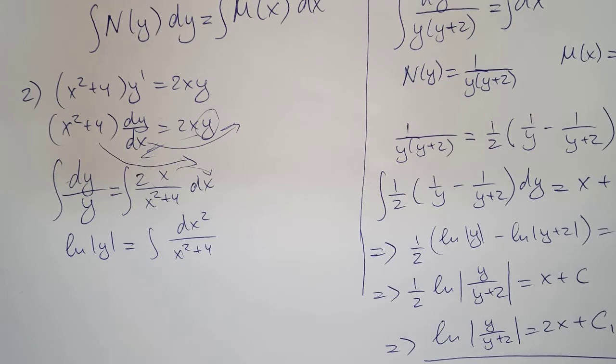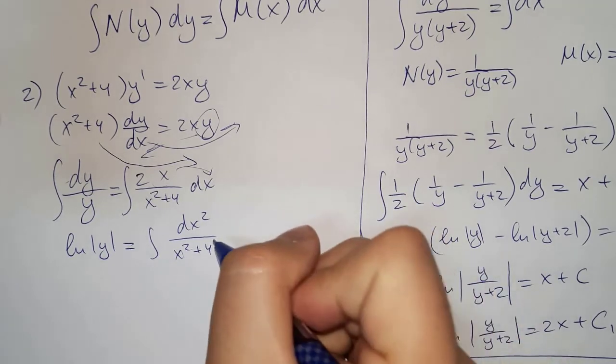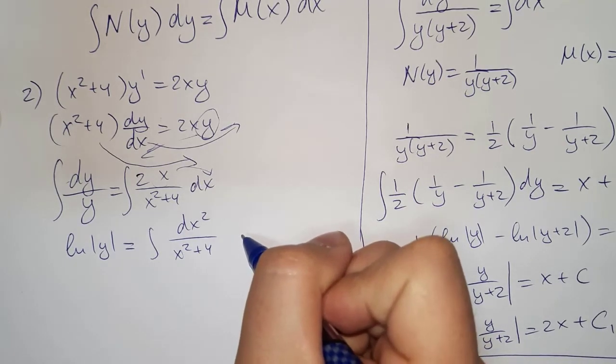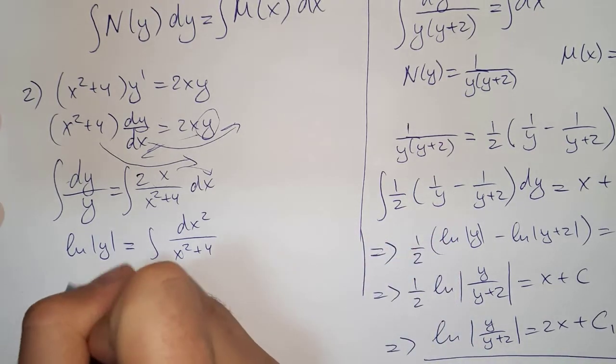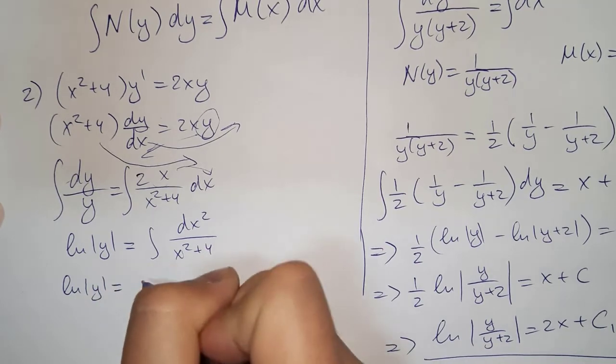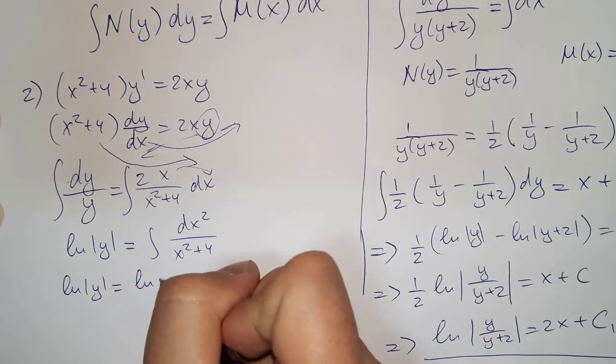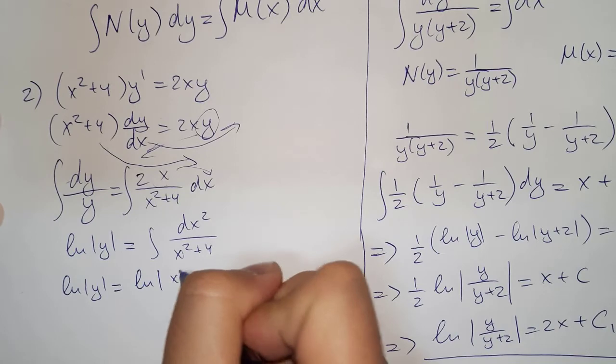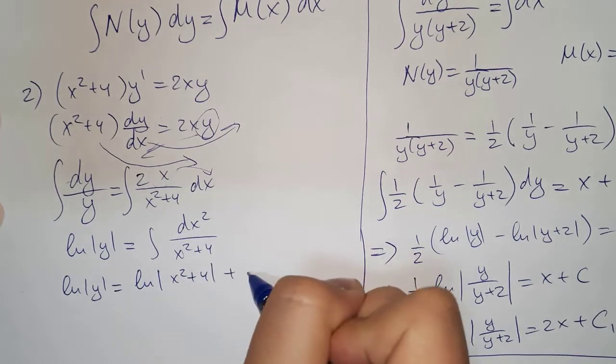So what we get is natural logarithm of y equals natural logarithm of x squared plus 4 plus a constant.